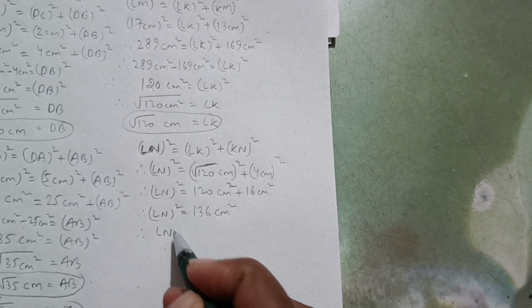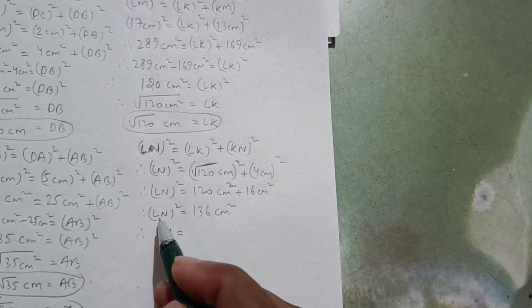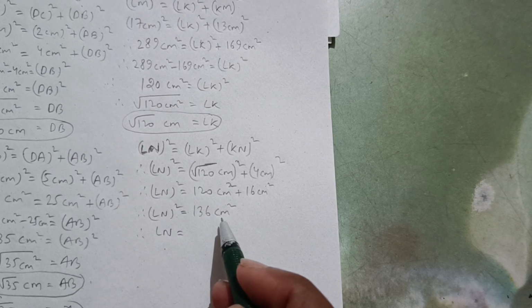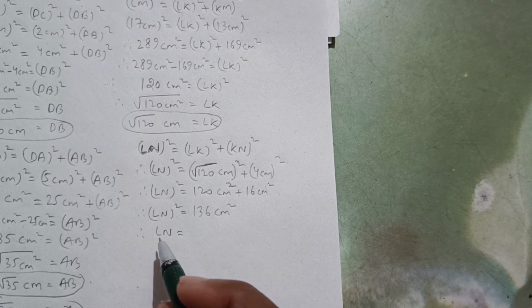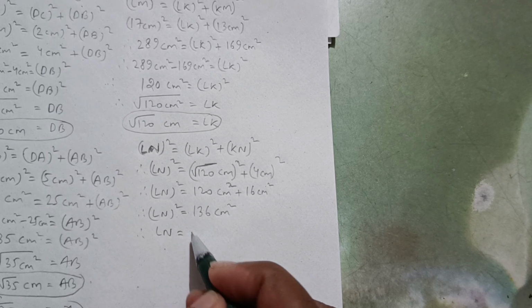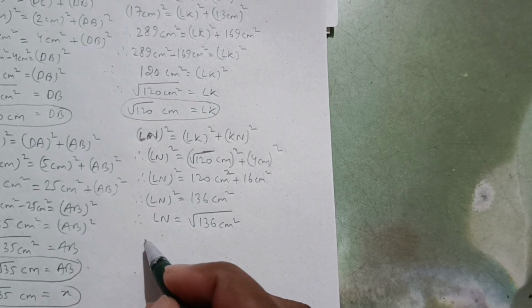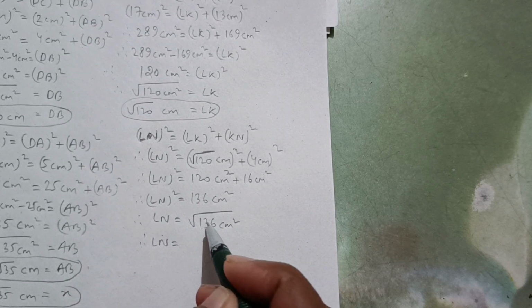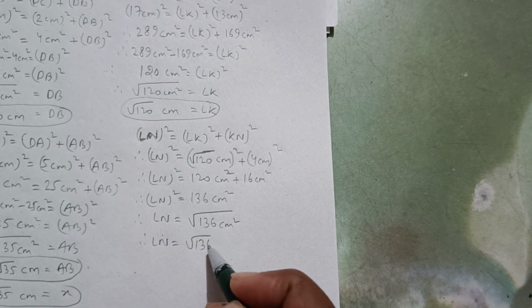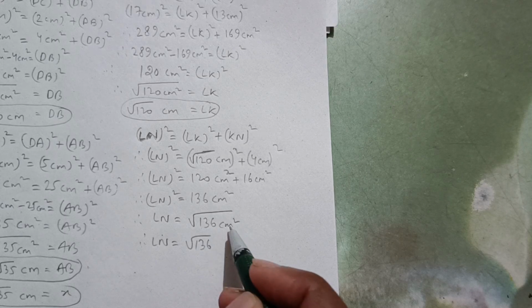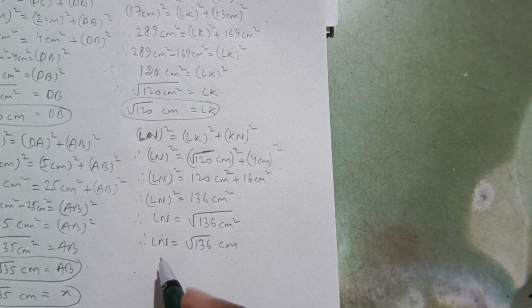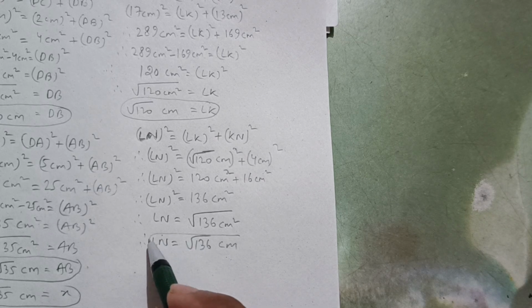So LN is square root of this, because LN whole square is 136 centimeter square. So LN is square root of 136 centimeter square, and square root of centimeter square is centimeter. So LN is square root of 136 centimeter.